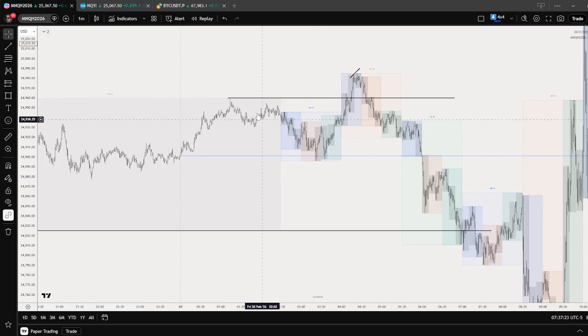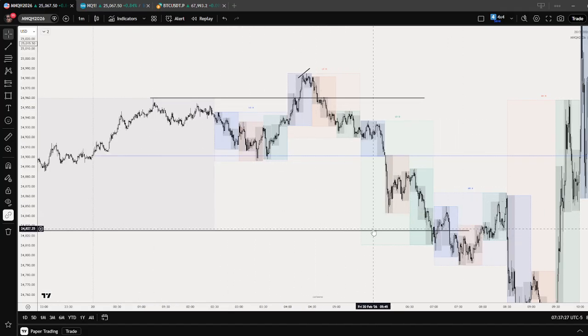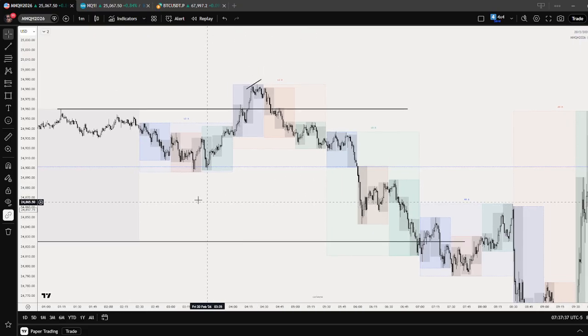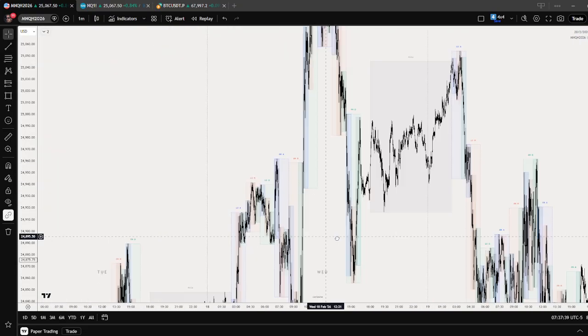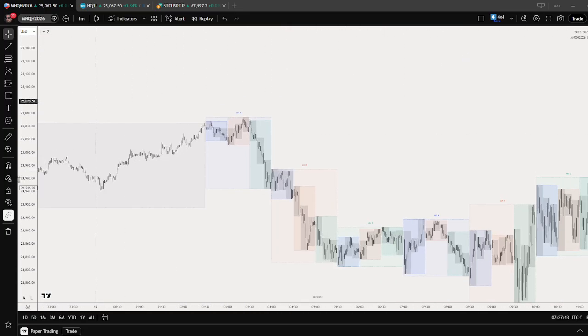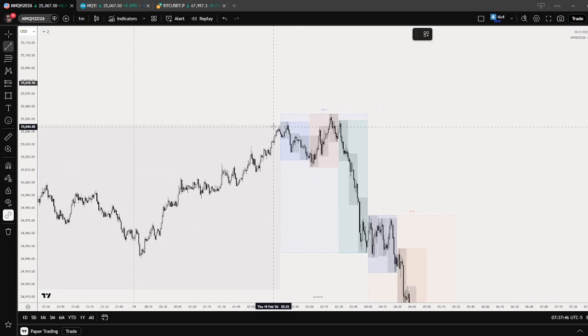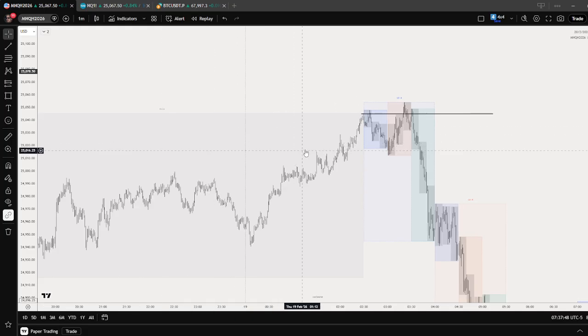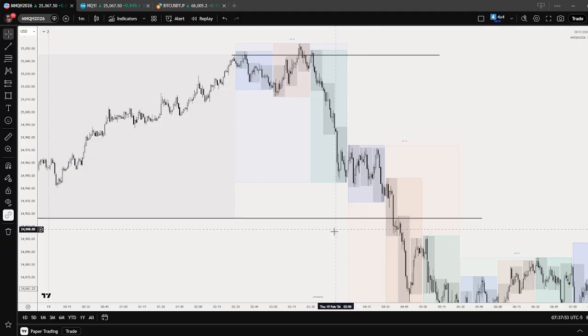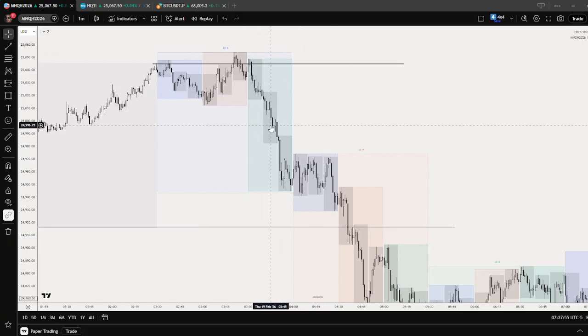So a perch on Asia high and revert to the Asia low. Beautiful. What happened the day before? The same exact thing. Perch on the Asia high, revert to the Asia low. Very nice. Low resistance liquidity run.